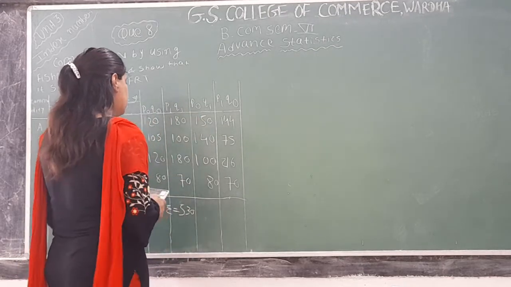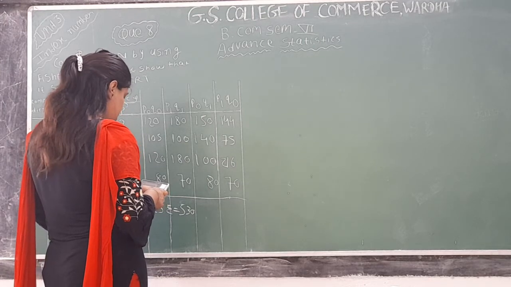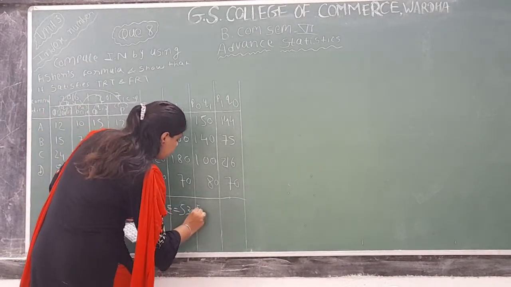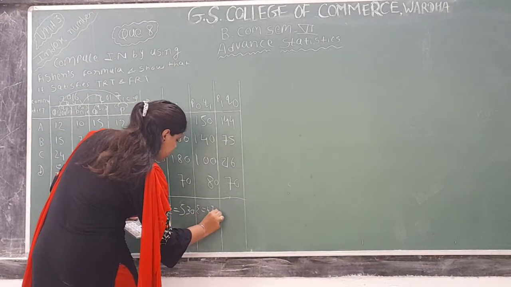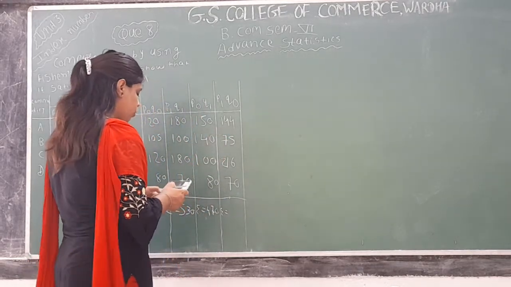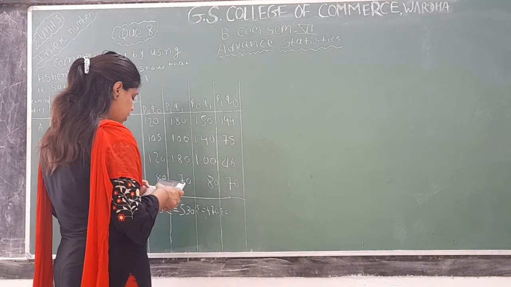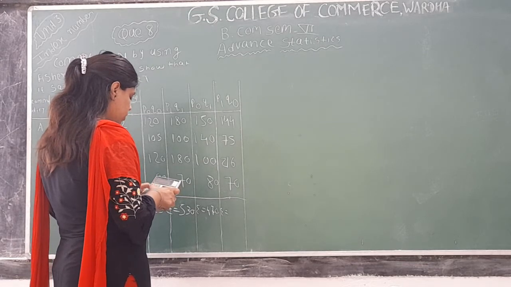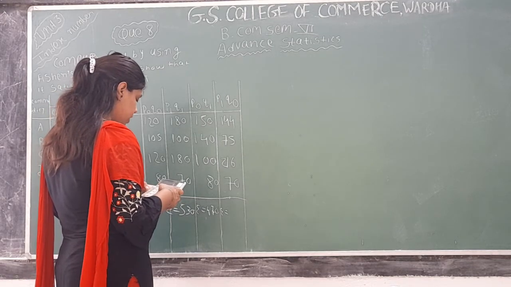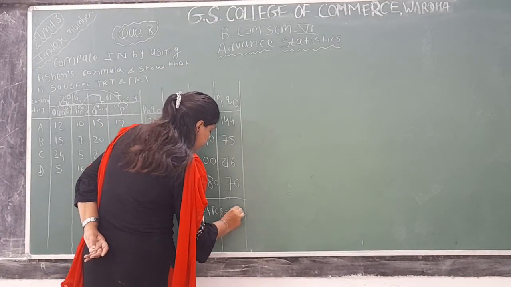After that, ΣP0Q1 is 150 plus 140 plus 100 plus 80. It comes to 470. So ΣP0Q1 is equal to 470. After that, ΣP1Q0 is 144 plus 75 plus 216 plus 70. It comes to 505. This way we have computed the summation of all the columns.